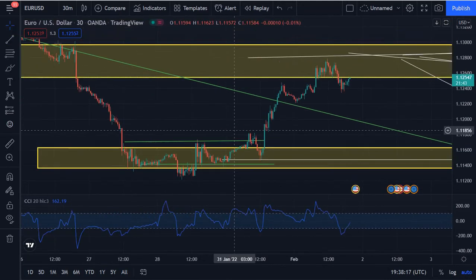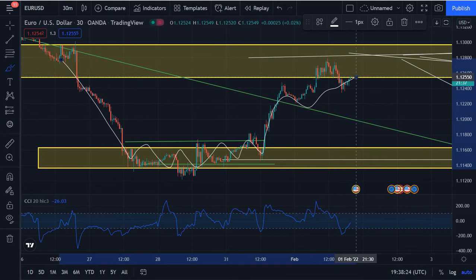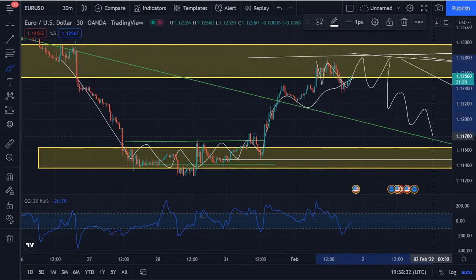What is going on today? So here was the move to the downside, consolidation, and now move to the upside. So pretty common and pretty textbook-like market structure, and here again could be the same pattern and then going to the downside.